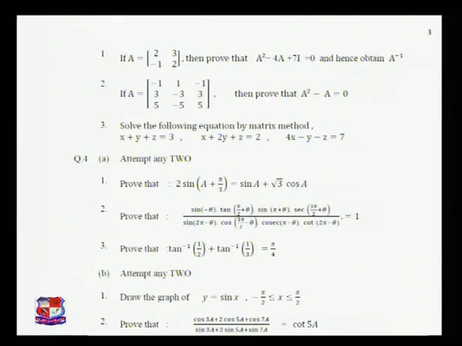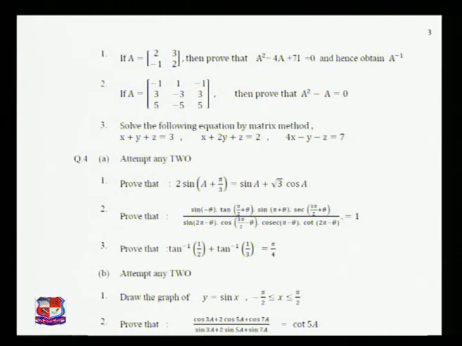The second question is, we are given that A is equal to minus 1 1 minus 1, 3 minus 3 3, and 5 minus 5 5, then we need to prove that A square minus A is equal to 0, right?